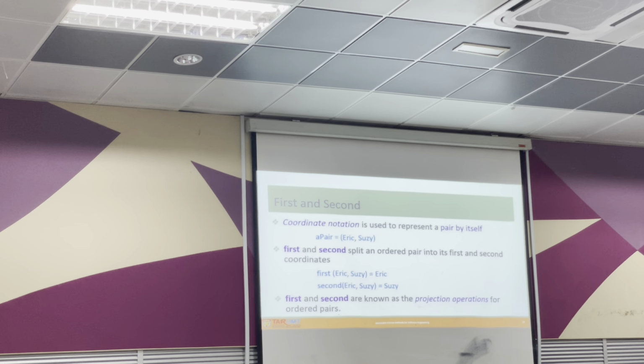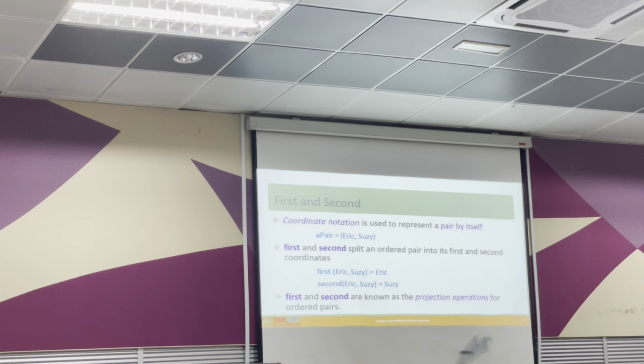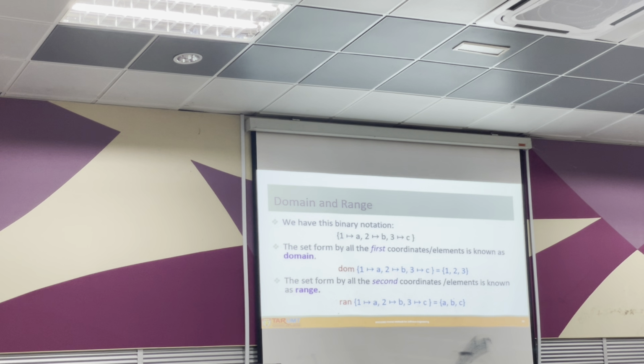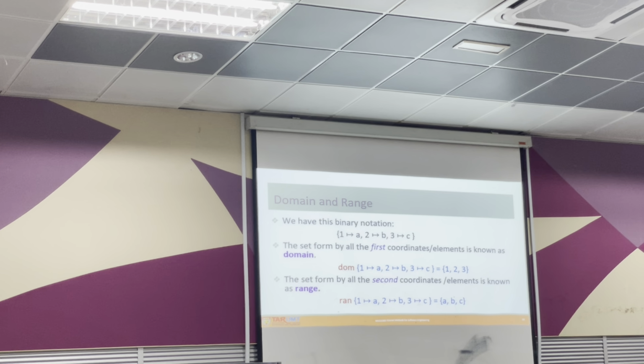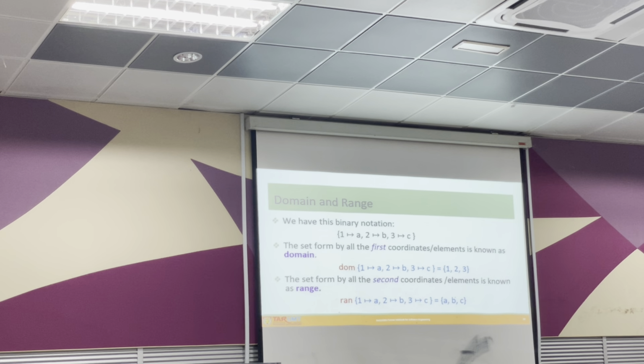Understand or not? So it means for one record, what is the first one? It means the first coordinate, second coordinate, something like that. So that is first and second. But we are not going to use first and second in our Z schema because you will use a lot of what we call domain and range. When we talk about domain and range, it's similar to first and second. Just that first and second is one single record.